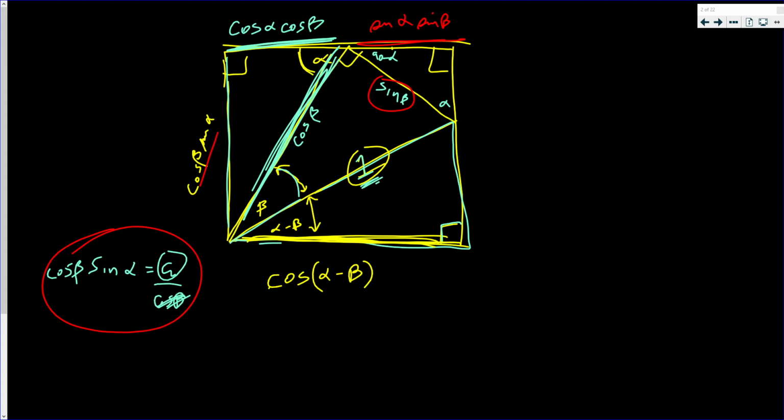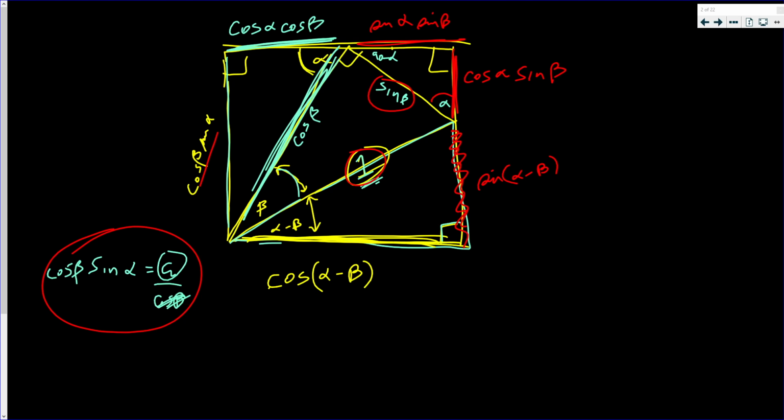Now, the cosine of alpha will tell me this side is cosine alpha times the sine of beta. And this side down here, the hypotenuse is 1, so the opposite is just the sine of alpha minus beta.